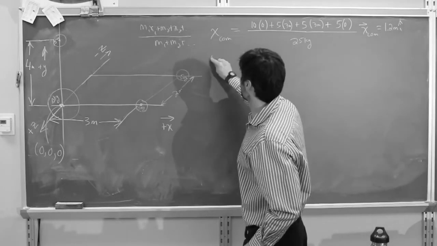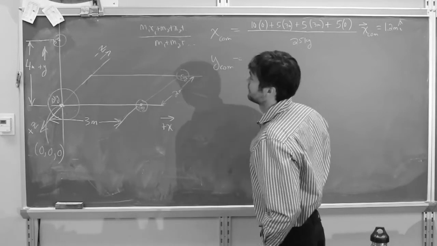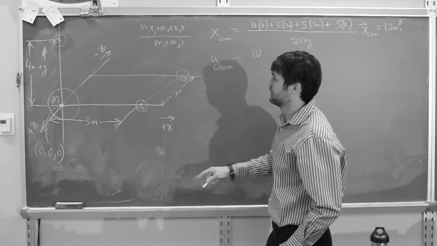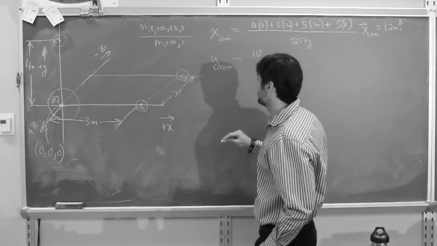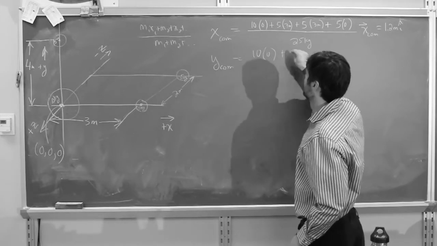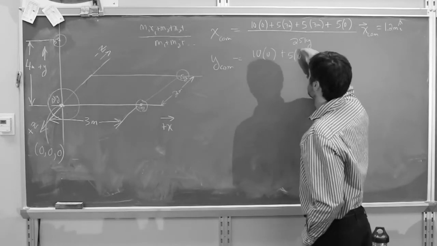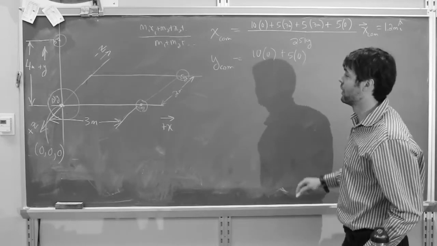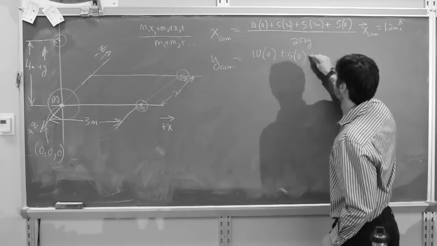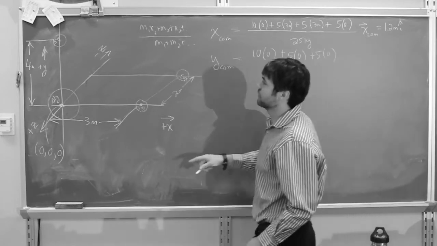If we do this for the y direction, y-com, that is going to be 10 times 0, since it's at 0 height in the y direction. Plus 5 kilograms, that also has no height. This one also has no height, but this one does.